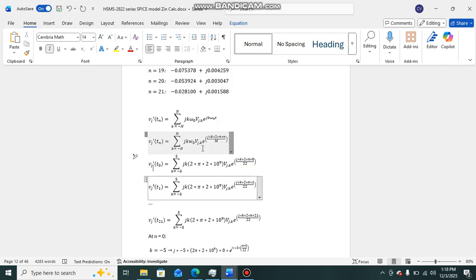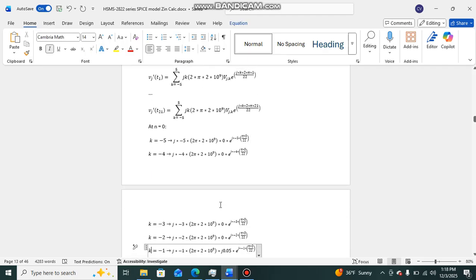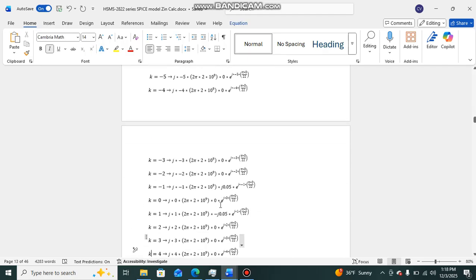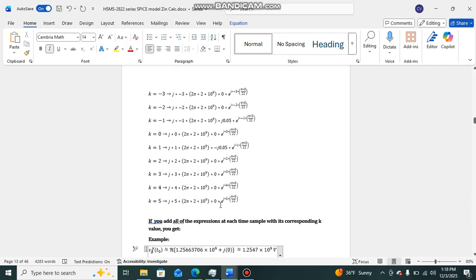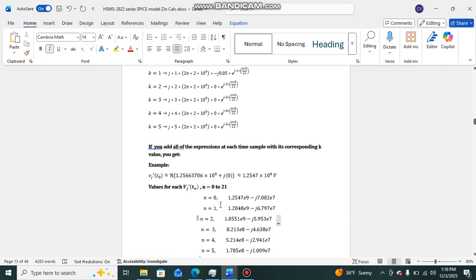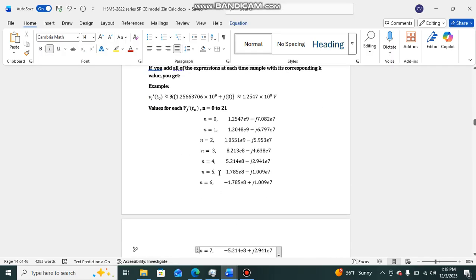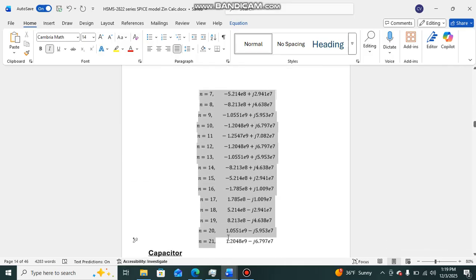And so we plug in our values for Tn to 0 and for n, and then plug in our k values here, and we get all this. If we add all the expressions at each time sample with its corresponding k value, you get all these values here for the junction voltage and the derivative.